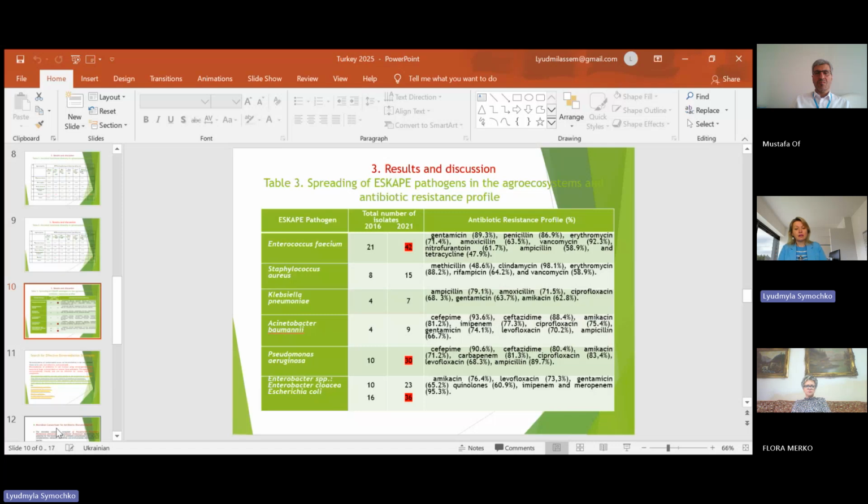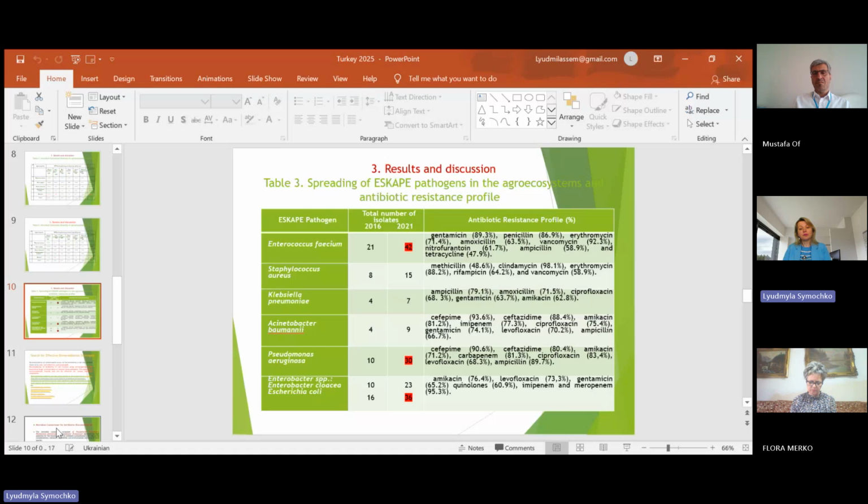Why are those microorganisms very dangerous? The World Health Organization published in 2017 a list of priority microorganisms. What does it mean? It was necessary to urgently find effective antibiotics for the treatment of people and animals with those bacteria that cause different kinds of disease, because they are characterized by a very high level of antibiotic resistance.